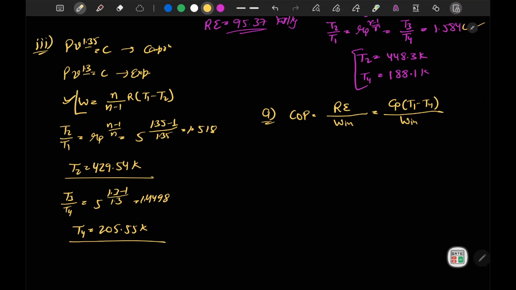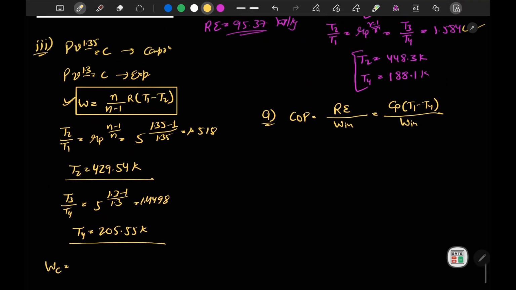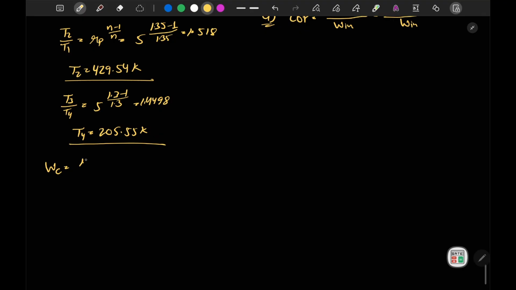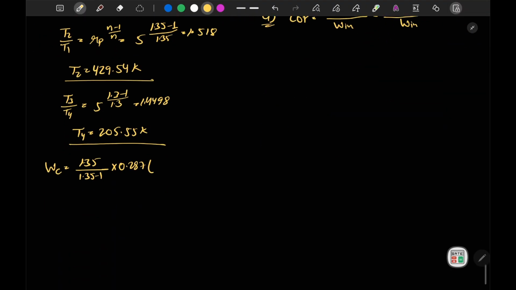Now if I calculate the work for the compressor, it will come out to be n upon n minus 1 into R, where n for the compressor is 1.35, so 1.35 divided by 1.35 minus 1, into R, which for air is 0.287, into T1 minus T2. T1 was given as 283, minus T2, found to be 429.54.